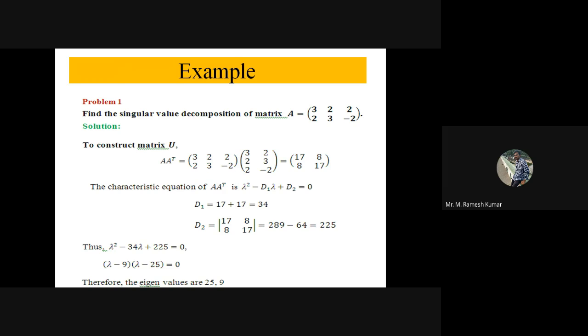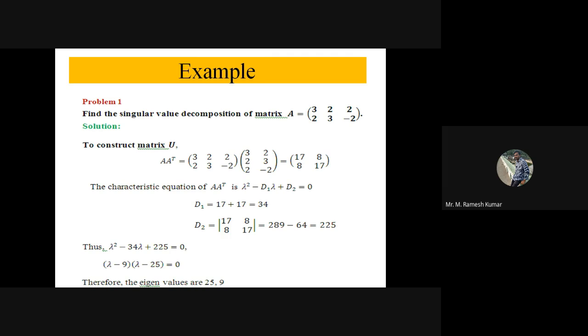Now the characteristic equation of A A transpose. What is the characteristic equation form? Lambda square minus d1 lambda plus d2 equal to 0. What is d1 here? The sum of diagonal elements, 17 plus 17 equals 34. What is d2? The determinant of A A transpose. After simplification, 225.